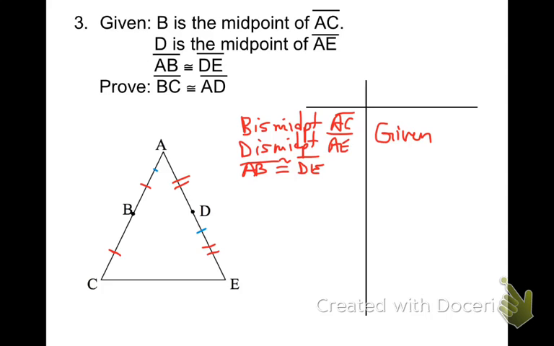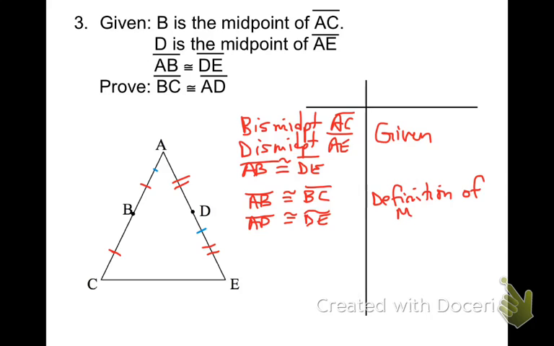Well, we also know now that AB is congruent to BC, and we know that AD is congruent to DE because of the definition of midpoint.